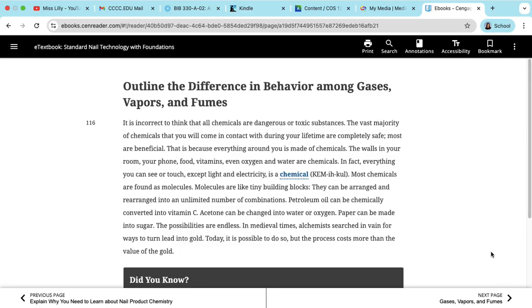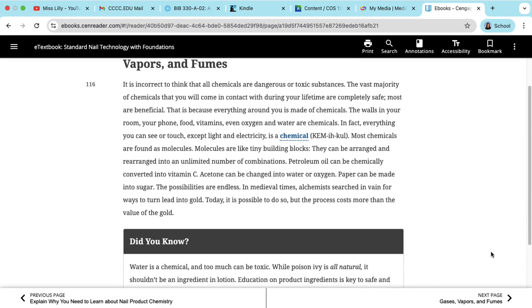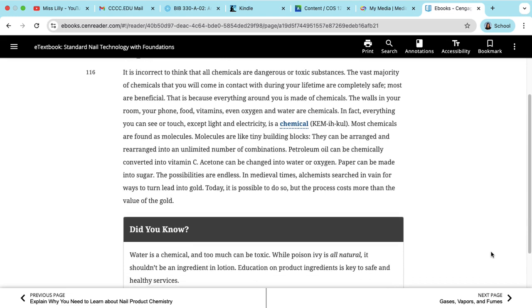Okay. Outline the difference in behavior among gases, vapors, and fumes. It is incorrect to think that all chemicals are dangerous or toxic substances. The vast majority of chemicals that you will come in contact with during your lifetime are completely safe.